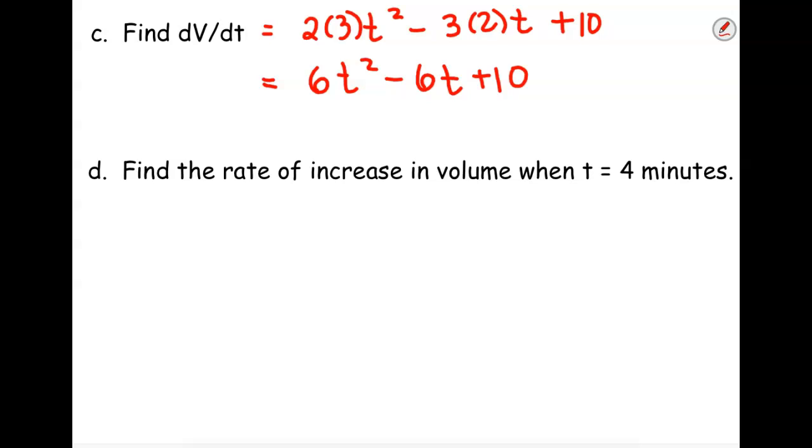Now find the rate. Rate is working with your derivative function. What is the rate of increase when the time is 4 minutes? So now we're going to evaluate the derivative function at 4 minutes, and that'll tell us the rate.